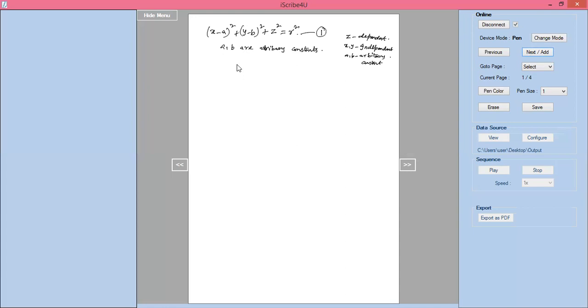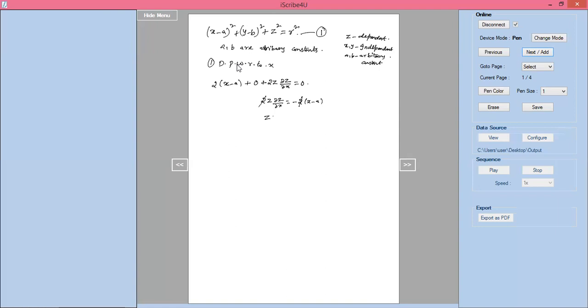Now equation 1, differentiate partially with respect to x. 2 into (x − a), (y − b)² gives 0, plus z² gives 2z into ∂z/∂x, equal to 0. Now we write 2z ∂z/∂x equals −2(x − a). This 2 and this 2 get cancelled.